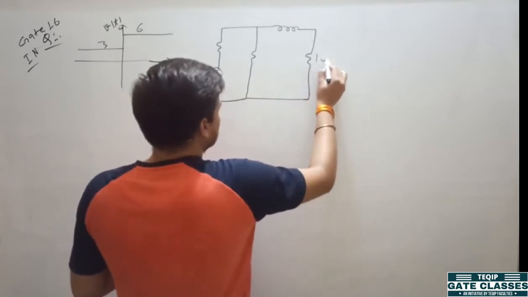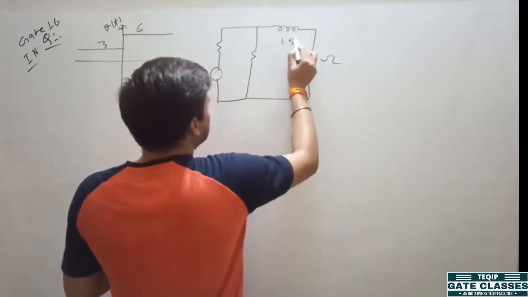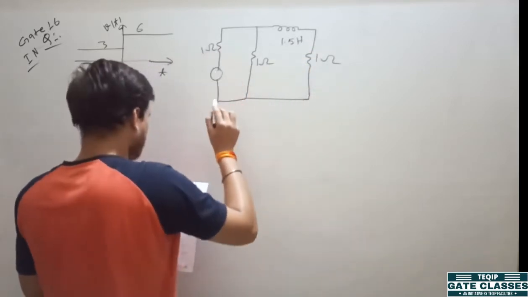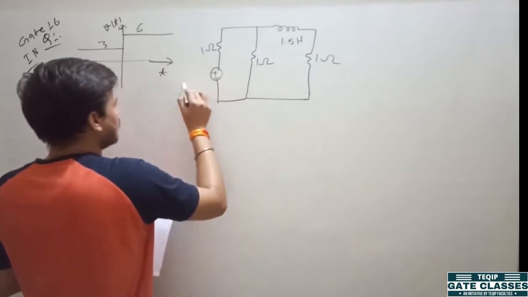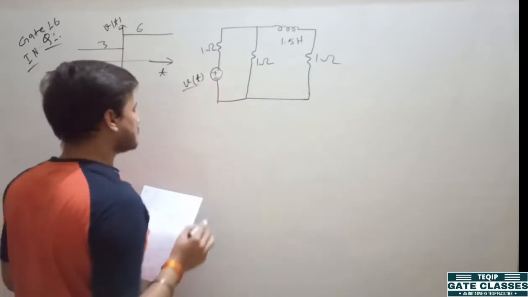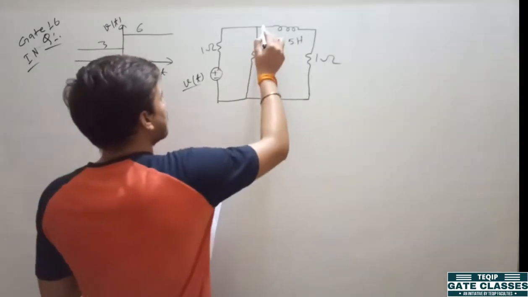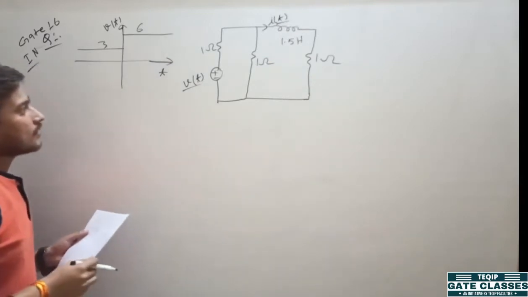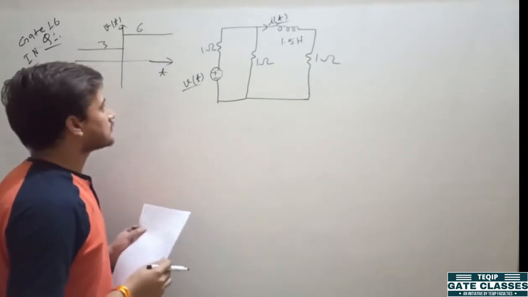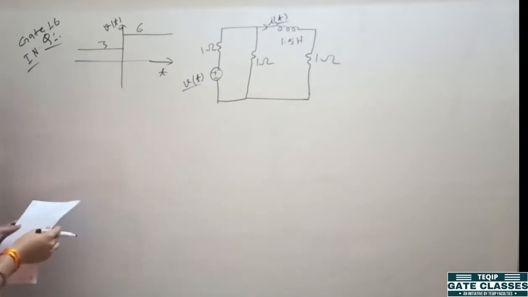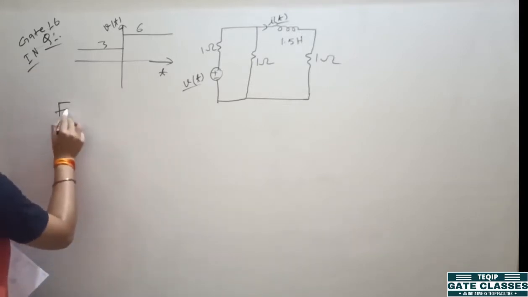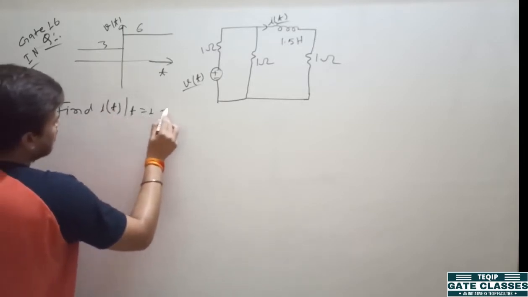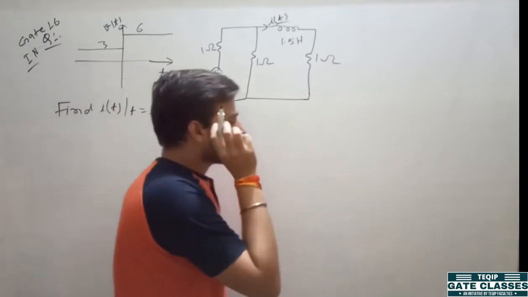This is 1 ohm, this is 1.5 henry, this is 1 ohm, this is 1 ohm, this is V(t), this is current I(t). Clear? Now you have to find I(t) at t equal to 1 second.